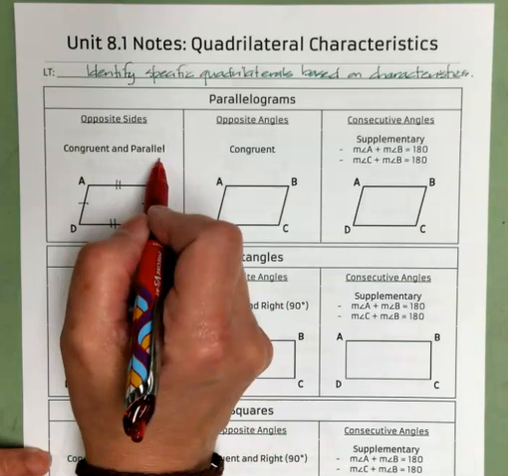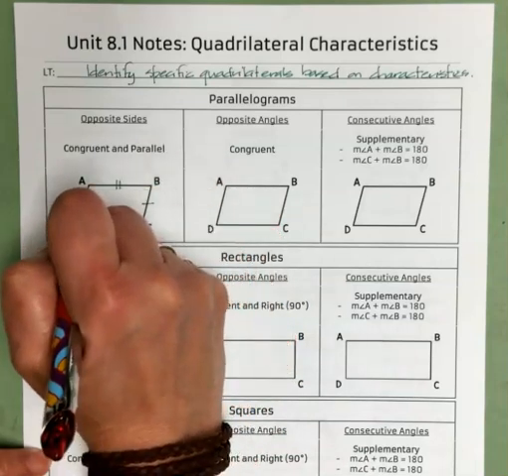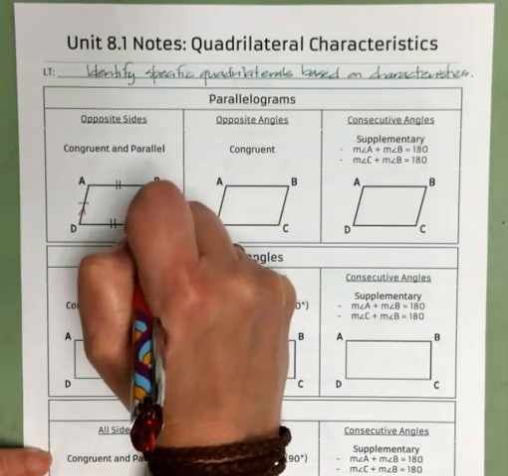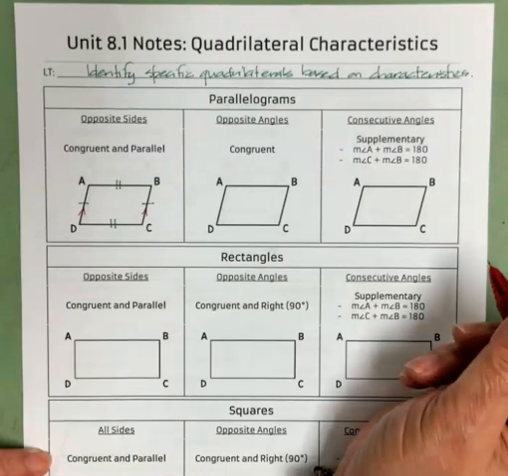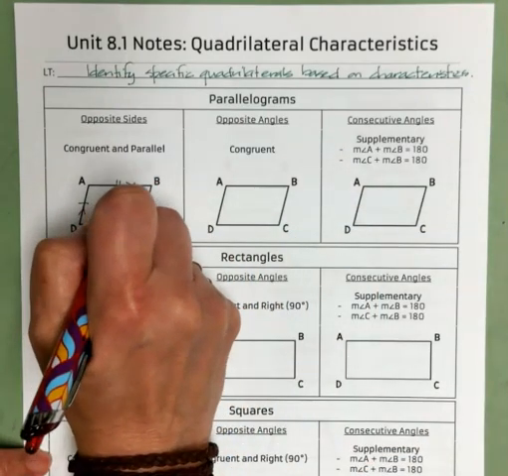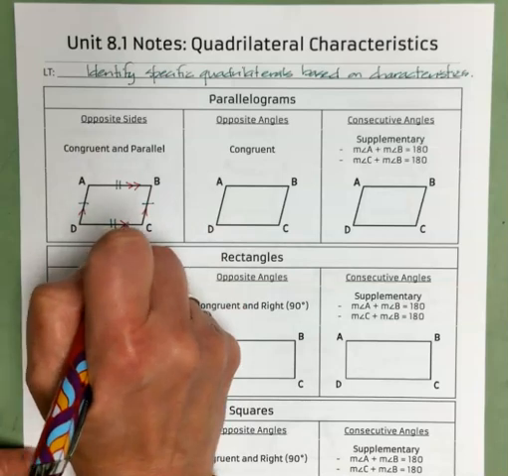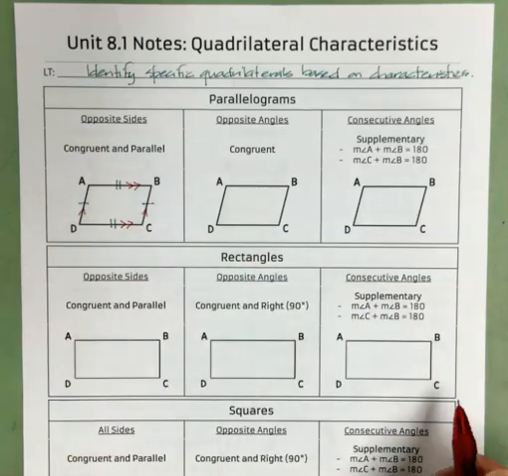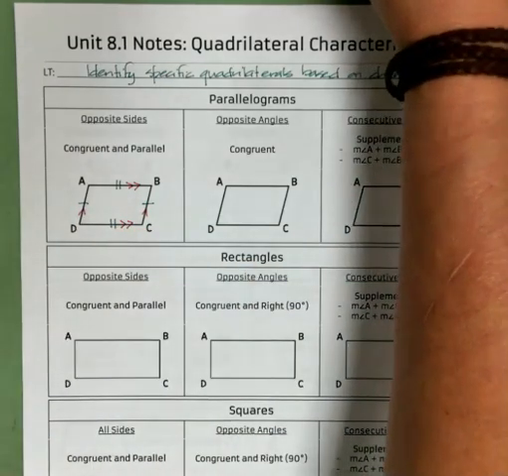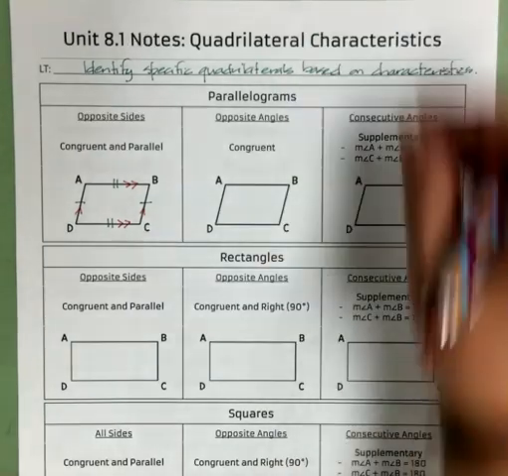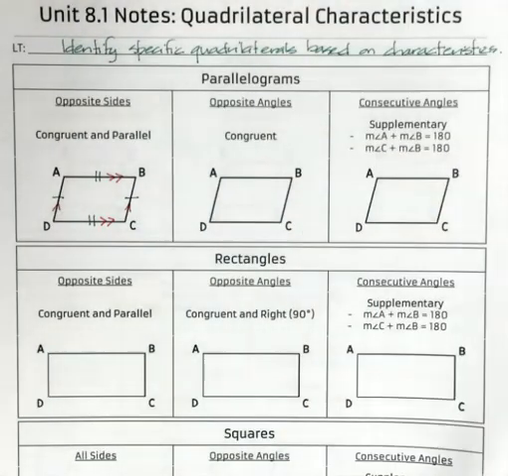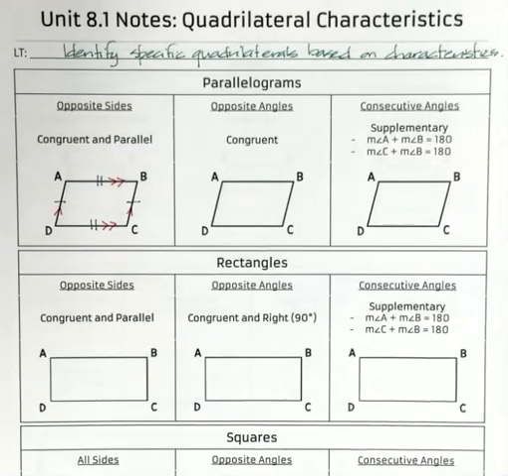Also, opposite sides are parallel. So that means side AD is parallel to side BC, and side AB is parallel to side DC. And again, we're using the parallel symbols that you were introduced to earlier in the school year.